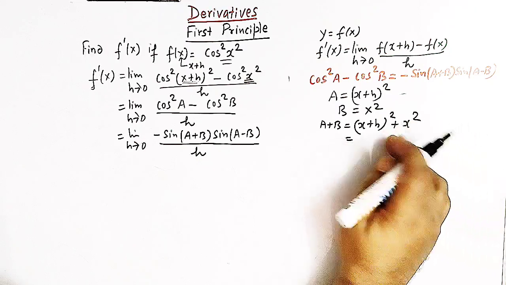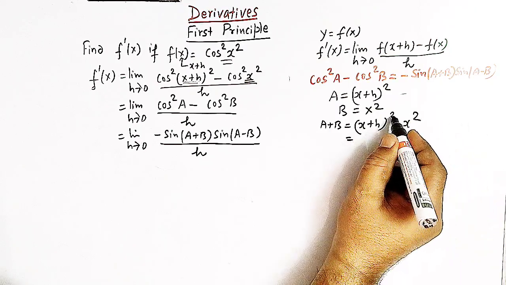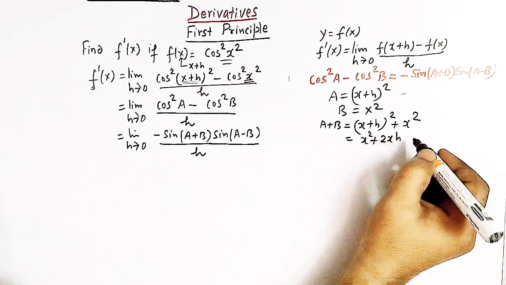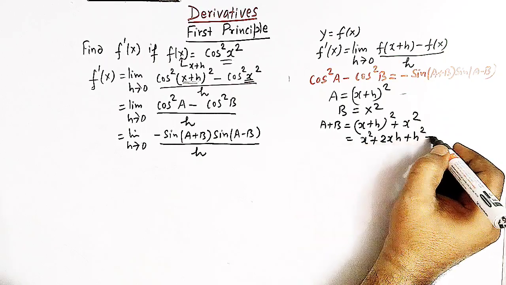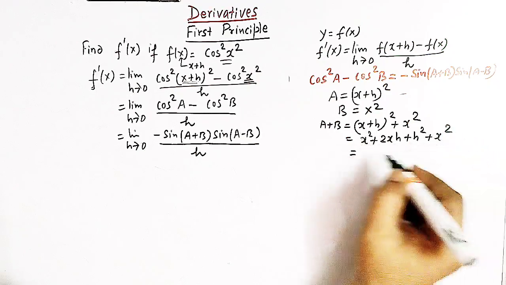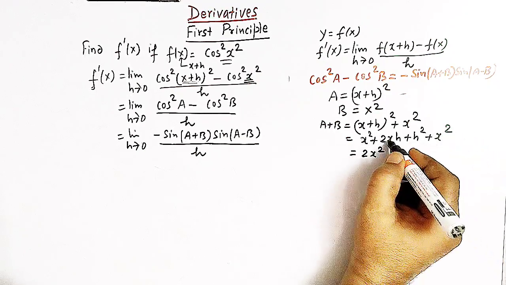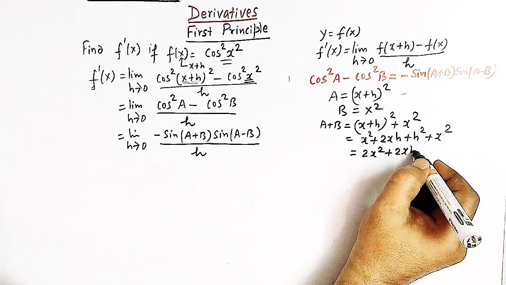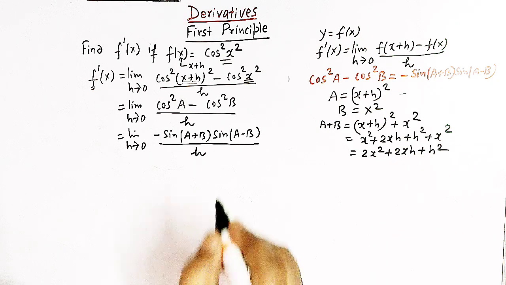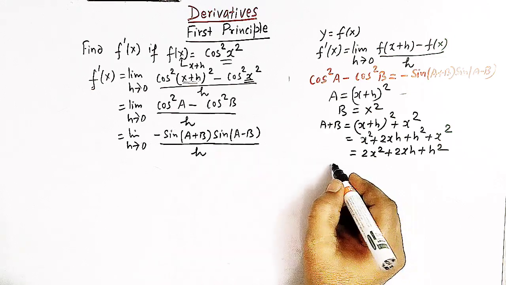So let us solve it. So here we have x square plus 2xh plus h square plus x square, right? So x square plus x square is 2x square, here we have 2xh, and here we have h square, right? So now let us calculate a minus b.